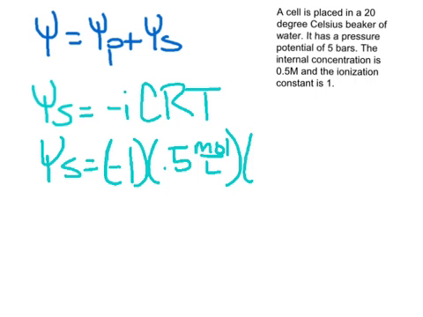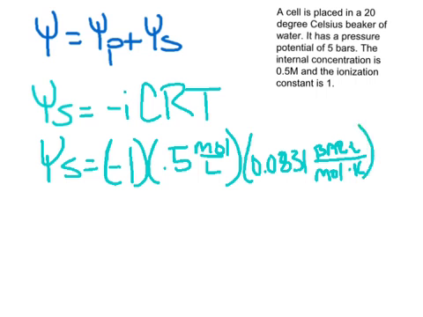Okay, the constant R is 0.0831 bar liter per mole Kelvin. Okay, and then temperature in Kelvin. So 20 degrees plus 273 is equal to 293 Kelvin. Ran out of room.